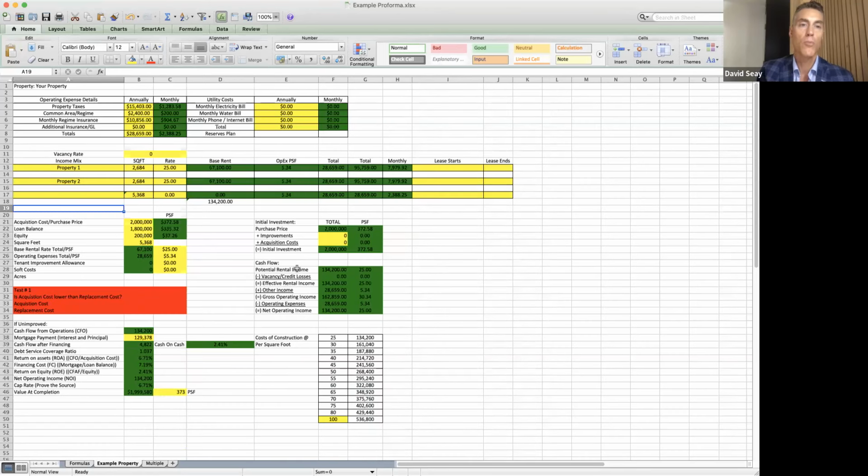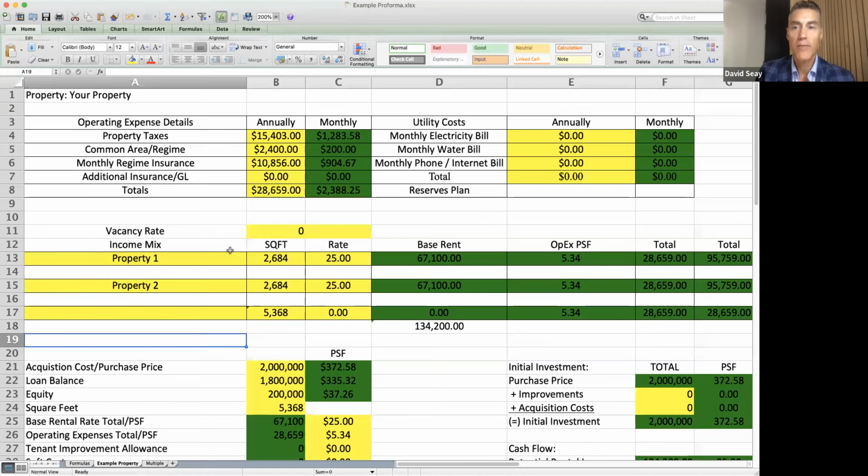So when you move into the analysis portion of this, I'll make it a little bit larger so you can see it. You have to have some fundamental information here. And the fundamental information is stuff that you probably already know anyway. Like, what's the property taxes for a building? What's the common area expenses, the regime? Is there an insurance component to it, or is there general liability?